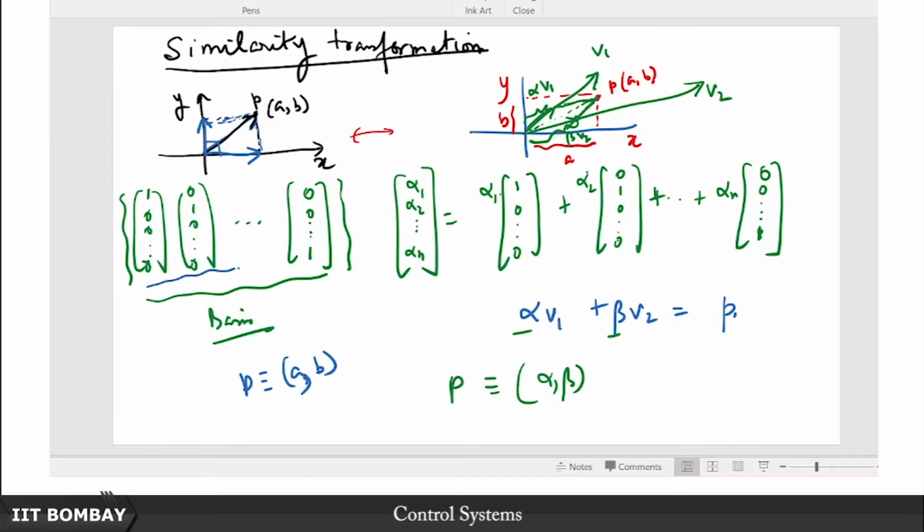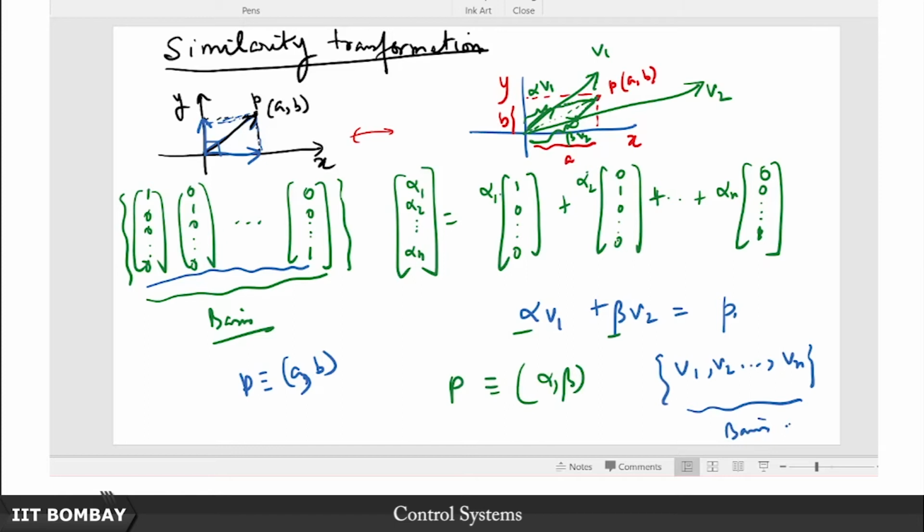Instead of choosing the standard basis that we have here, we can choose any set V1, V2, dot dot dot till Vn as another basis, which is a linearly independent set. That is what gives rise to something called a similarity transformation.